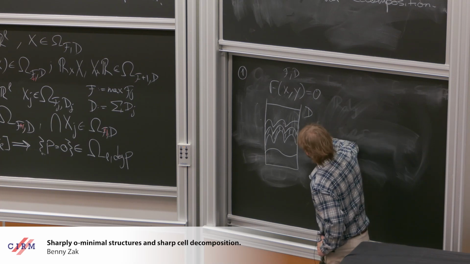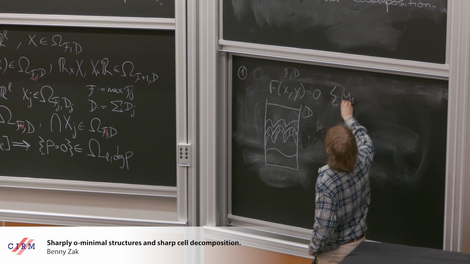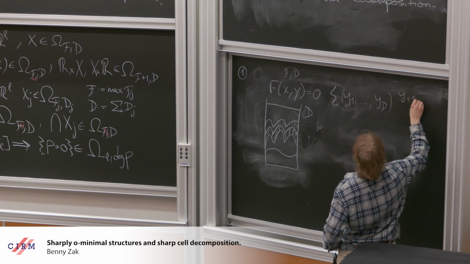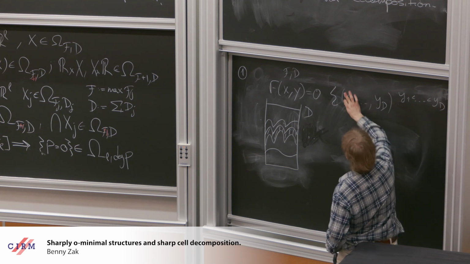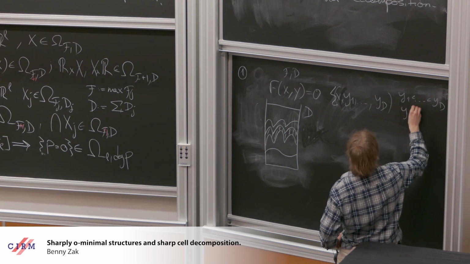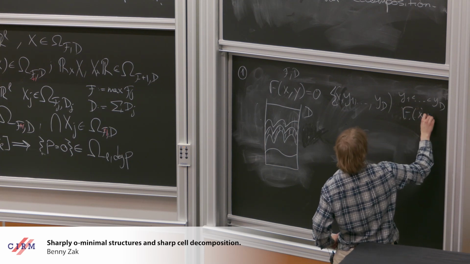So it's not allowed to consider a set like this: y_1 smaller than ... smaller than y_D, where f(x, y_j) equals 0.